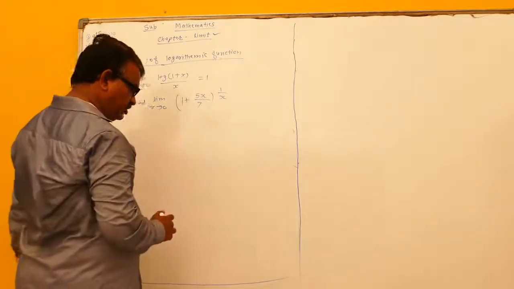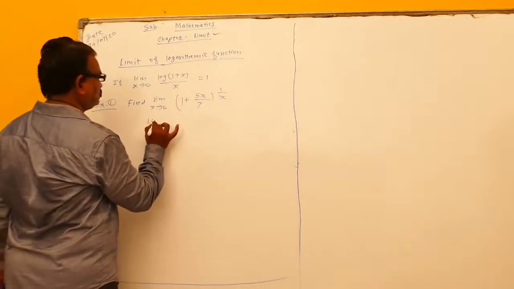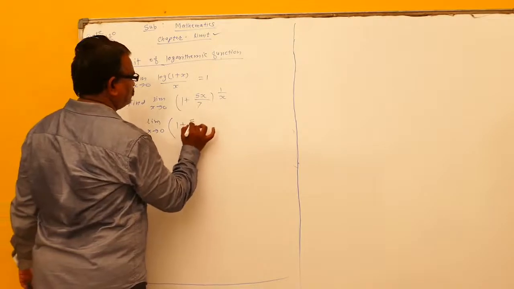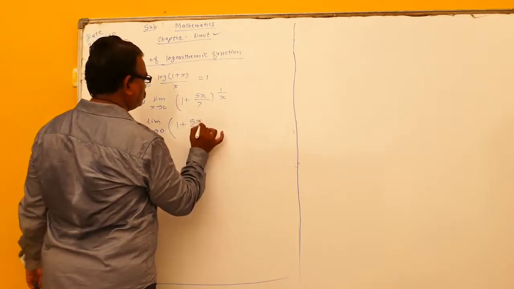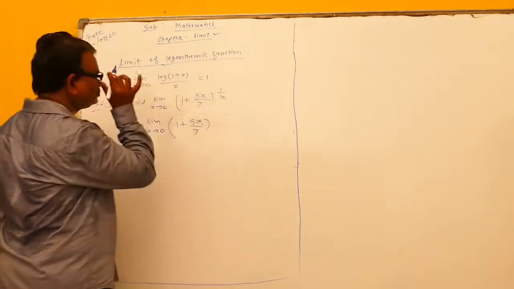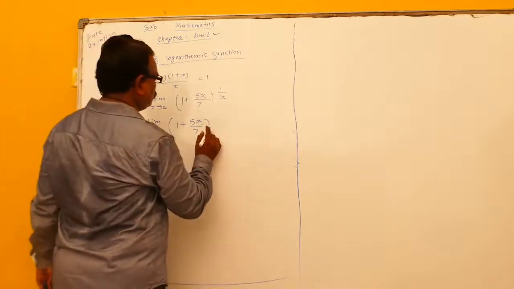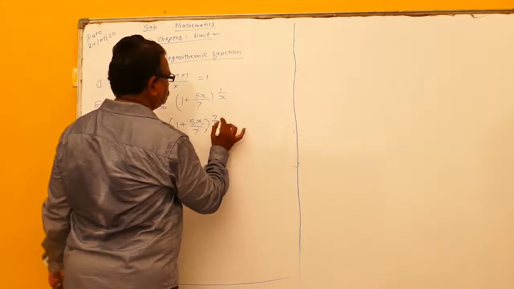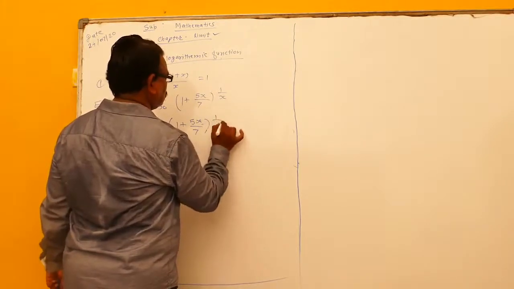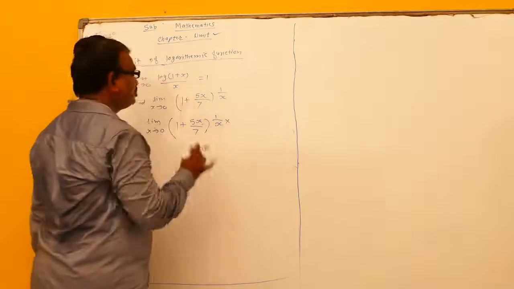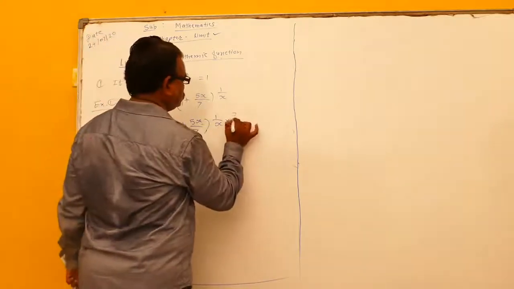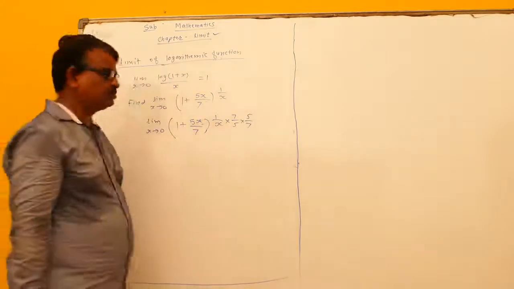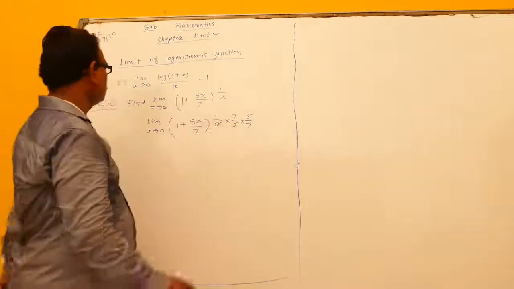Therefore the limit of x tends to 0, 1 plus 5x divided by 7, to the power 7 by 5, to the power 1 by x, multiplied by 7 by 5 into 5 by 7 in the denominator.